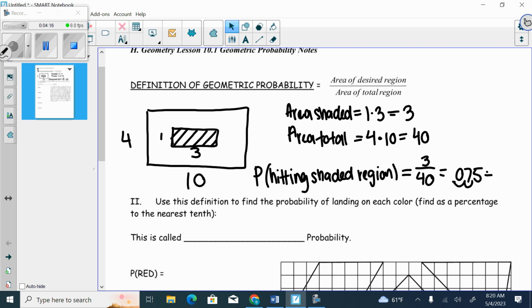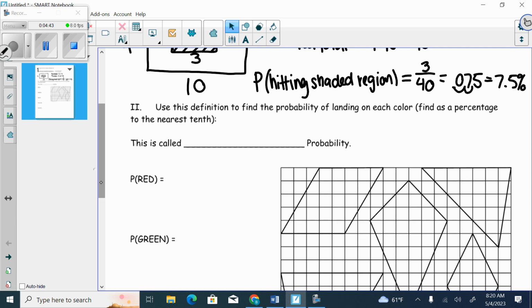So that would give us 7.5%. Okay? All right, so anytime you are given one of these where you have a fraction, you always will simplify the fraction as much as you can, and then turn your answer into a percentage by finding its decimal value.